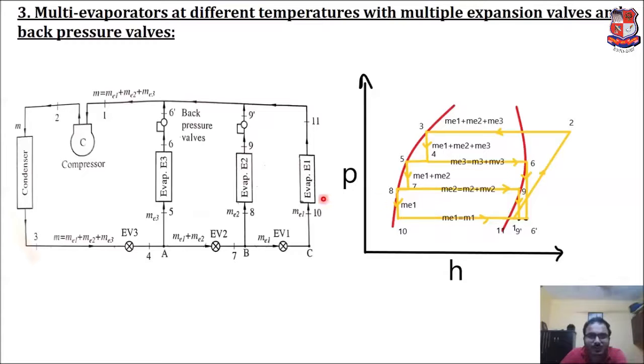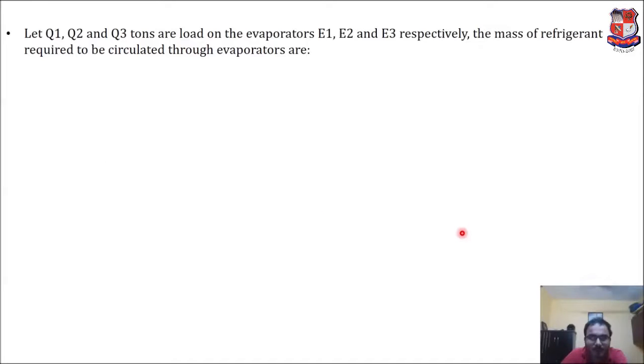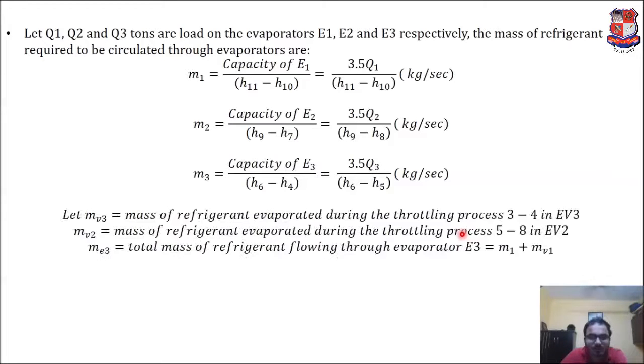So you need to take care of this mass. ME3 is the combination of MV3, that is the vapor generated in EV3, plus M3. Similarly, ME2 is equal to MV2, which is the vapor generated here, plus M2, and ME1 only has liquid refrigerant. And these are all the formulas.